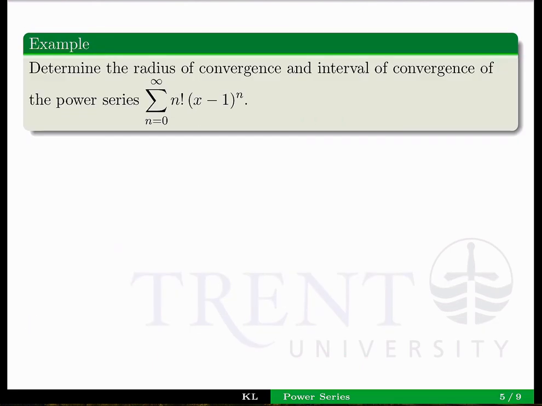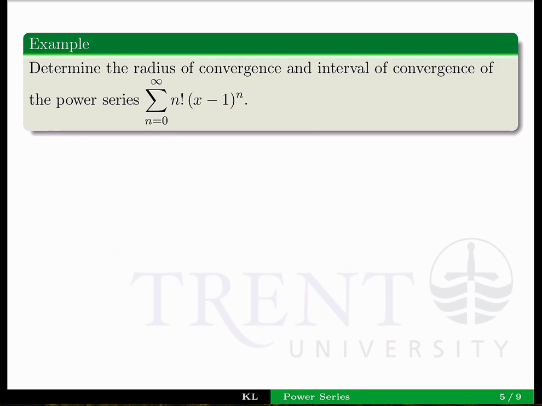So let us consider some examples here. Determine the radius of convergence and the interval of convergence of the power series, this one here. We have the sum from n equals 0 to plus infinity of n factorial times (x minus 1) to the power n.